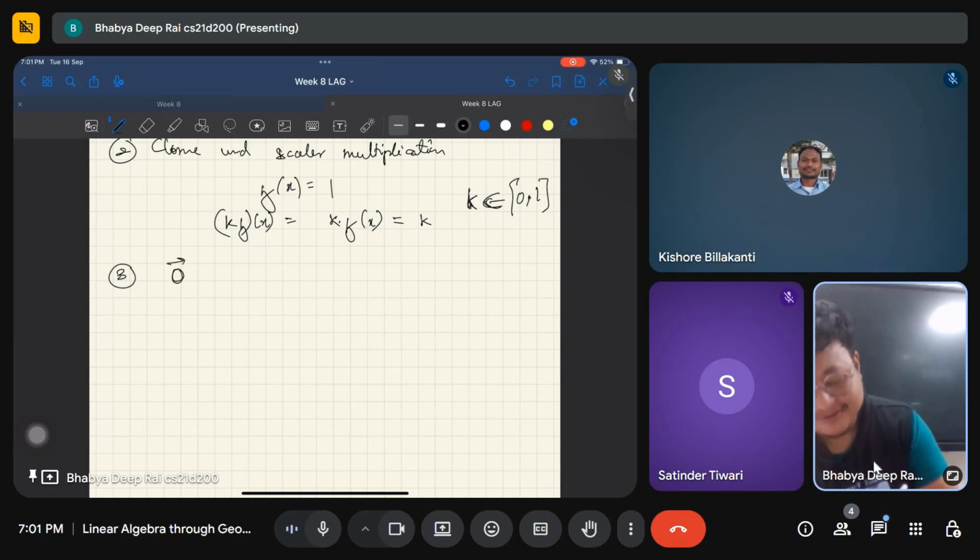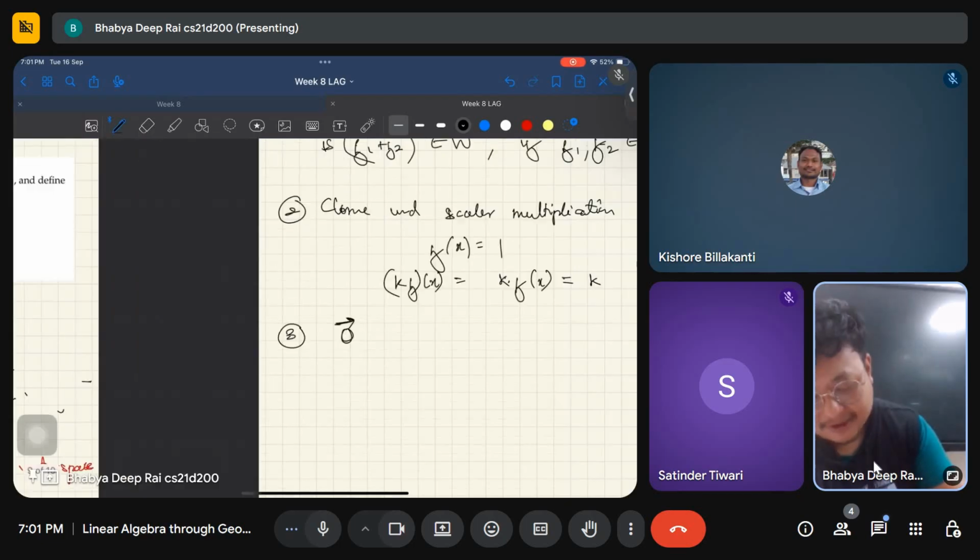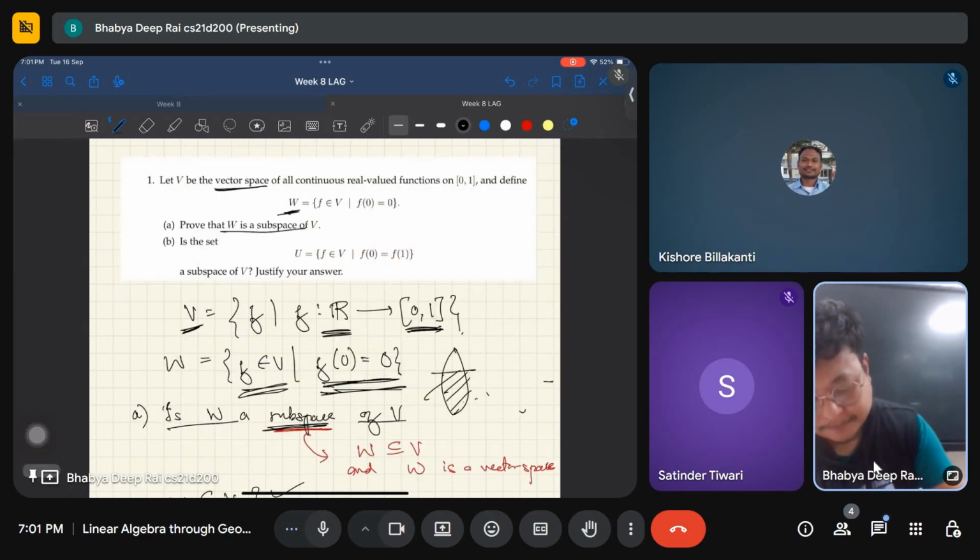So finally, in this case, you need to check for the other cases also, for example commutativity, associativity, and so on. And you need to check for the additive identity also, whether it exists.